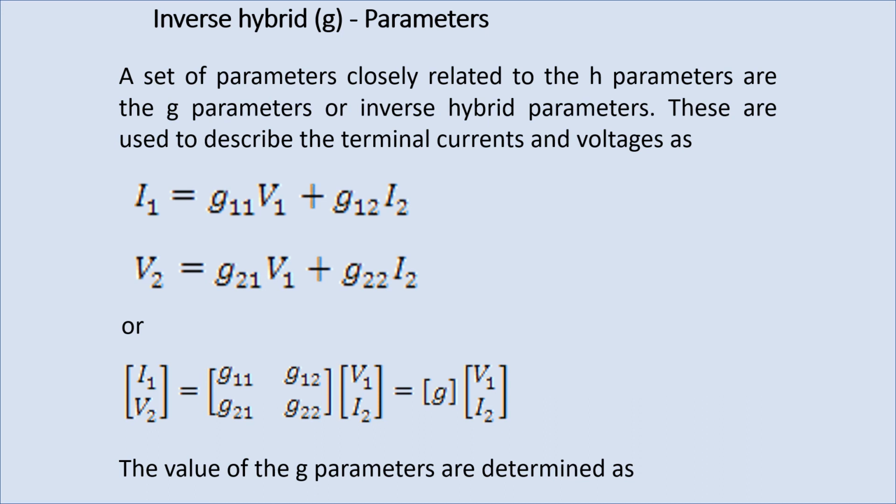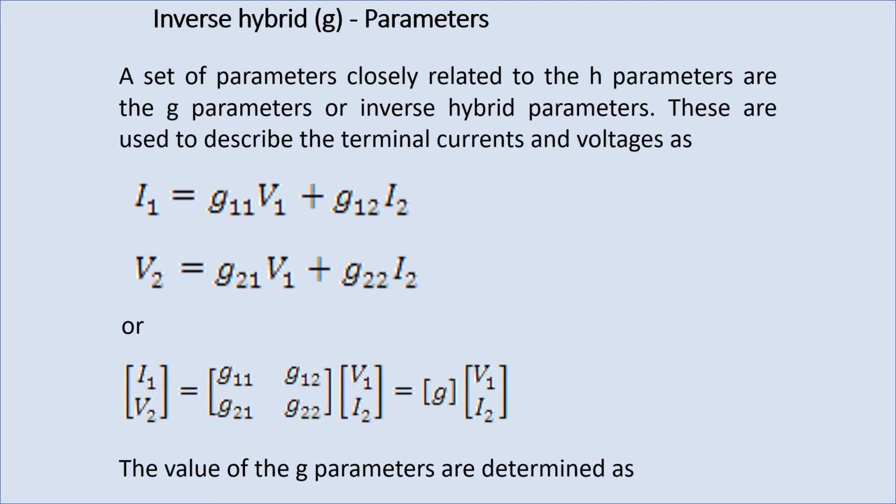It simply means that as closely related as impedance and admittance parameters are, so are hybrid parameter and inverse hybrid parameters closely related. They are very, very similar. So they have certain conditions imposed on each of them together.